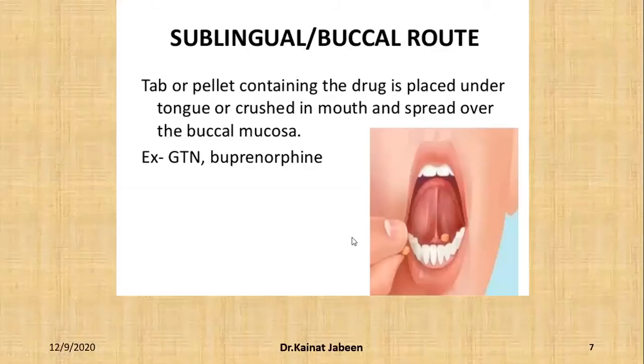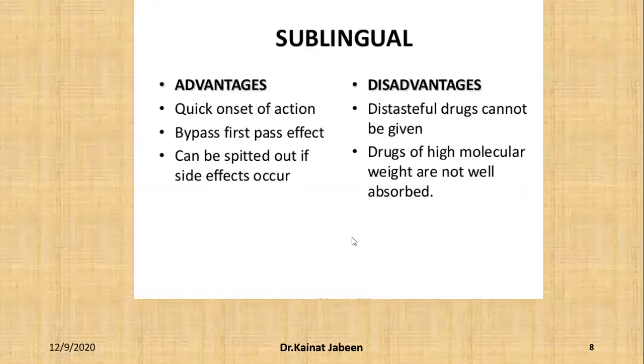The next thing is advantages and disadvantages of sublingual tablets. The first one is quick onset of action. If you take the medicine sublingually, for example, mostly in hypertensive patients, we use sublingual nitroglycerin tablets. The second advantage is it bypasses the first pass effect.